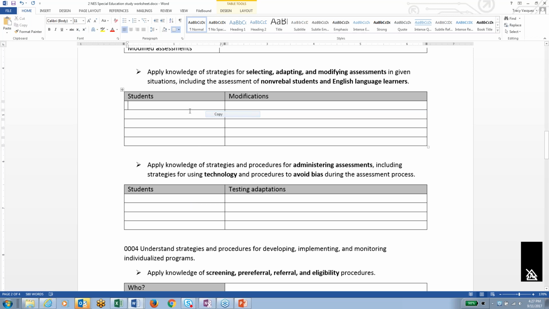Okay, we'll go ahead and just start with some general special needs accommodations that can be made. We can clarify or simplify instructions. We can allow students to highlight or make marks in their test booklet.